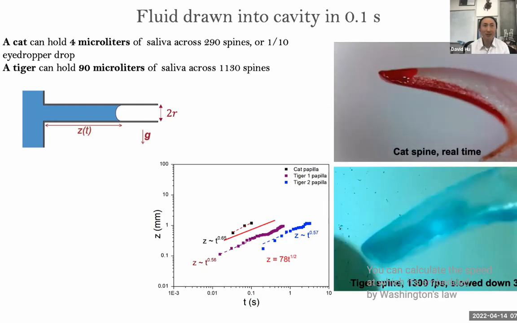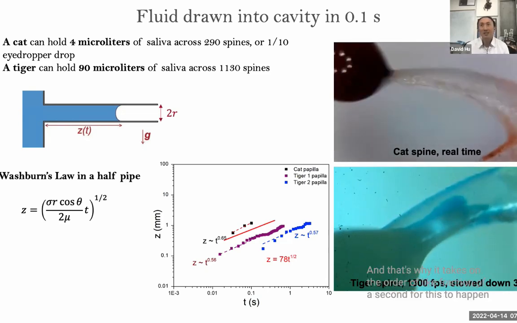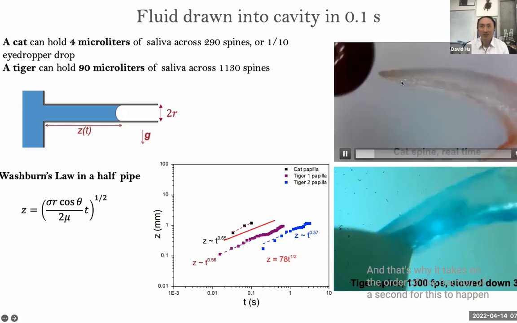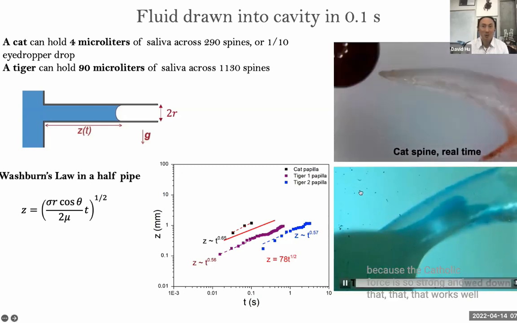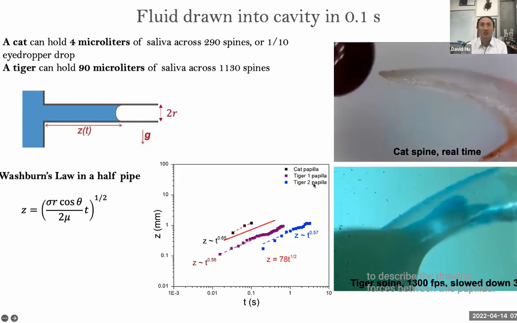You can calculate the speed at which it's embedded by Washburn's law, where you've got capillary force driving it and viscosity resisting it. That's why it takes on the order of fractions of a second, because the capillary force is so strong. And that works well to describe the drawing forces of each of these papillae.